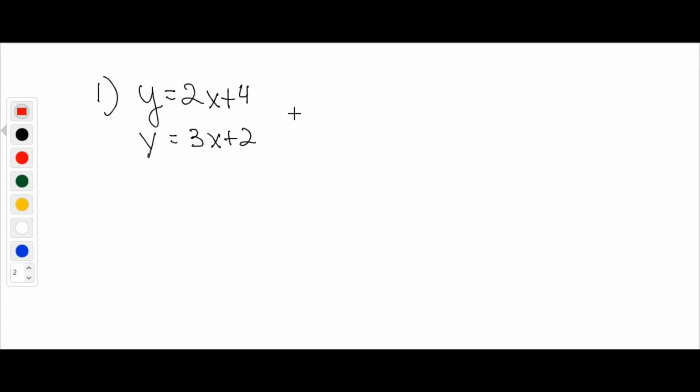Now usually you would probably have seen this as negative 2x plus y equals 4, and negative 3x plus y equals 2.